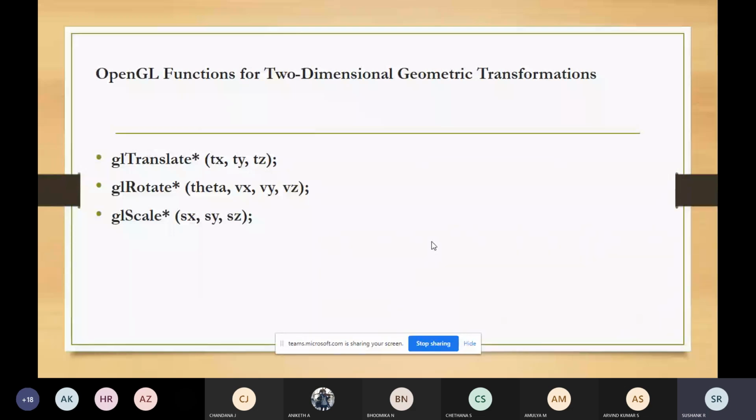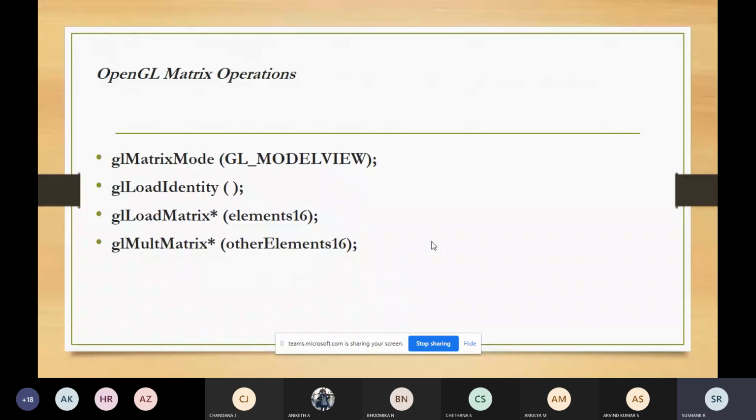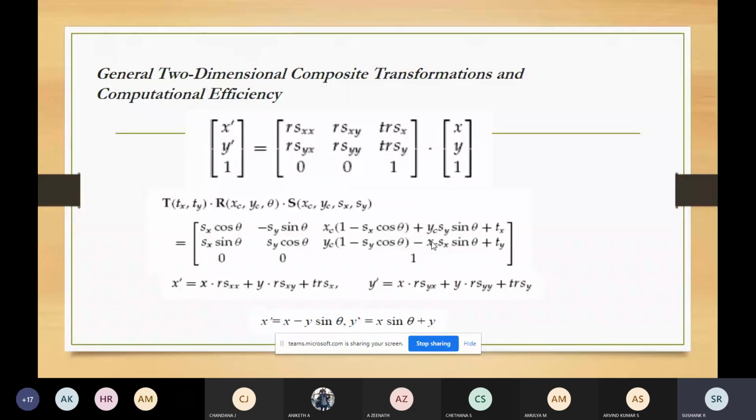The same thing we'll be studying in terms of functions, like what is the first term, the second term, the third term, the syntax that is there in OpenGL. After that, how the matrix can be loaded, all those things we'll study. After that, some composite transformations and computation efficiency. So 4 topics are there, which you can complete in the next class. After that, we'll talk about the 2D pipeline.